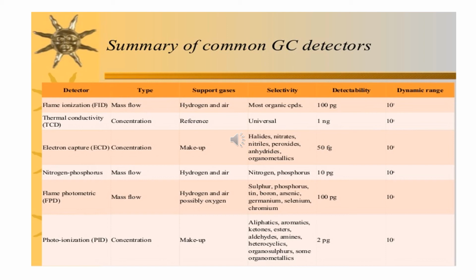Selectivity sulfur, phosphorus, tin, boron, arsenic, germanium, selenium and chromium. Then photoionization: concentration, support gas makeup, selectivity aliphatics, aromatics, ketones, esters, aldehydes, amines, heterocycles, organosulfurs, some organometallics.